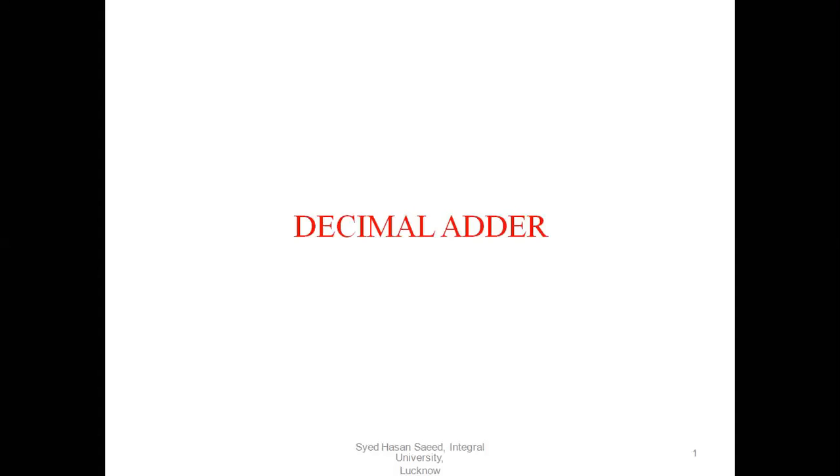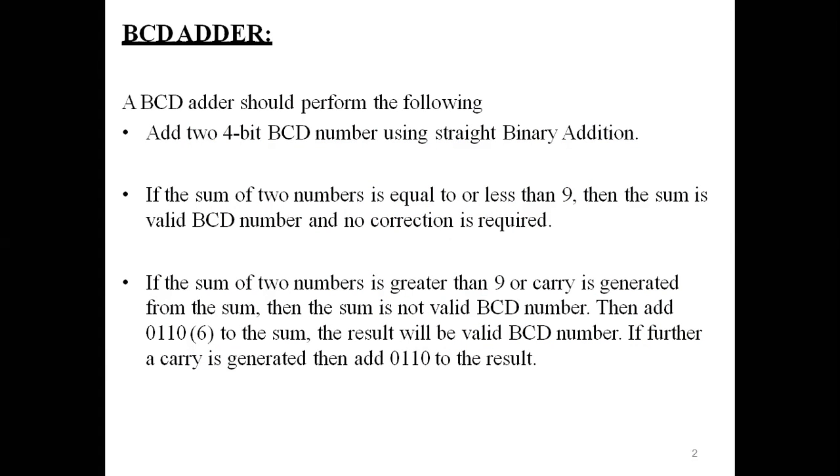So the decimal adder is nothing but the BCD adder. Already in the first unit we discussed BCD addition. If the sum of two numbers is equal to or less than 9, then the sum is a valid BCD number and no correction is required.